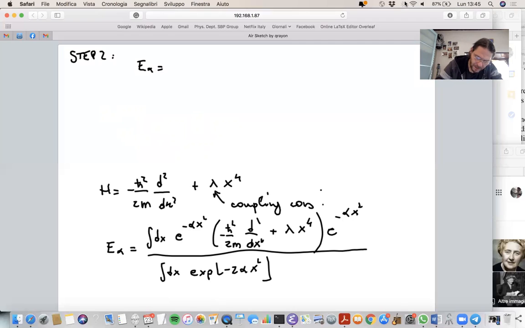And E alpha will be, there will be basically two terms. The term coming from the kinetic energy and the term coming from the potential energy, and the normalization. So I'm going to write this term as C alpha, the kinetic energy, plus C alpha, the potential energy, and the normalization.